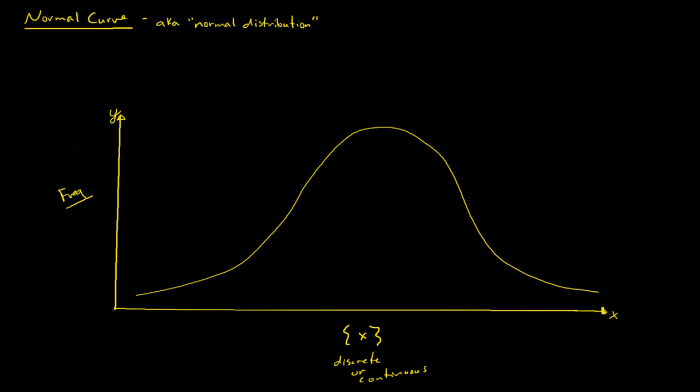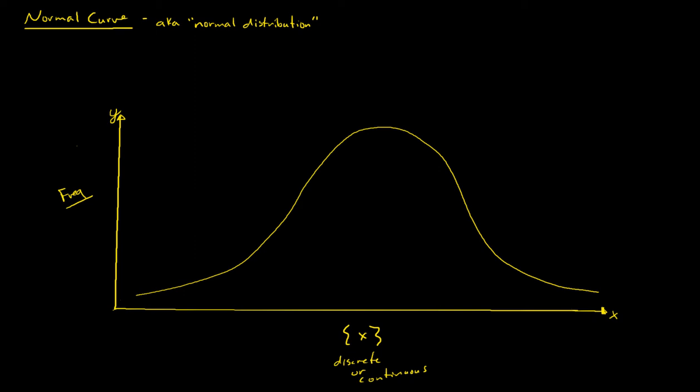What we have discovered over time is that observations on any kind of variable x will approximate this normal distribution, what we call the normal curve, often referred to as a bell-shaped curve.